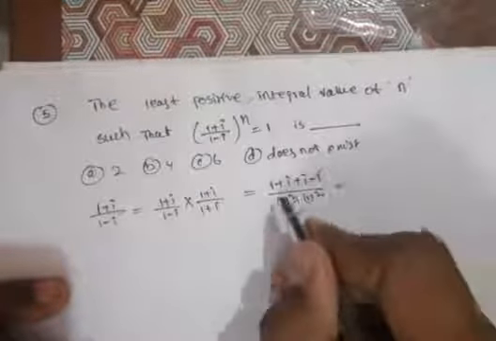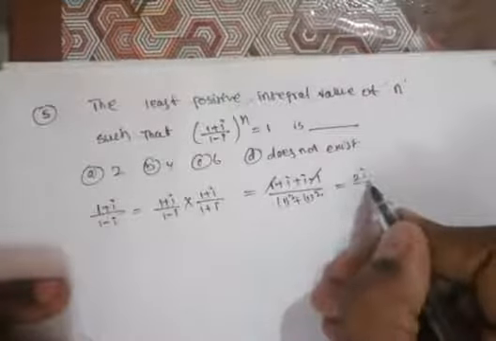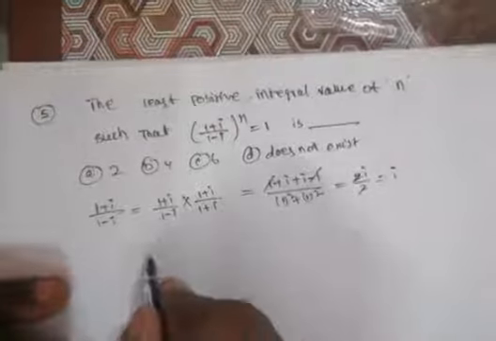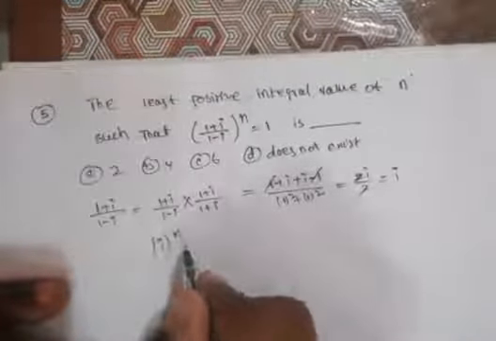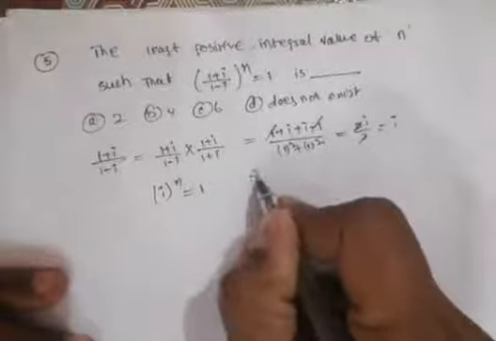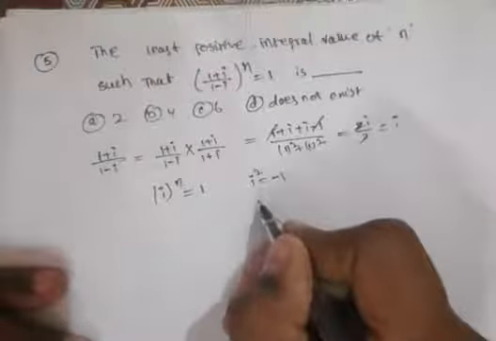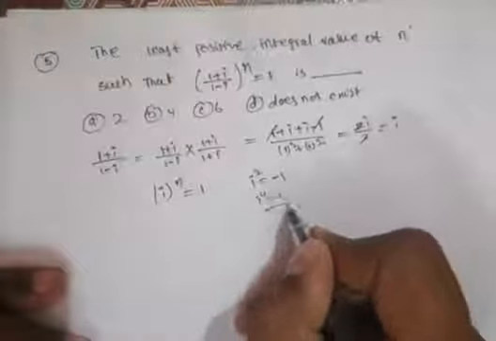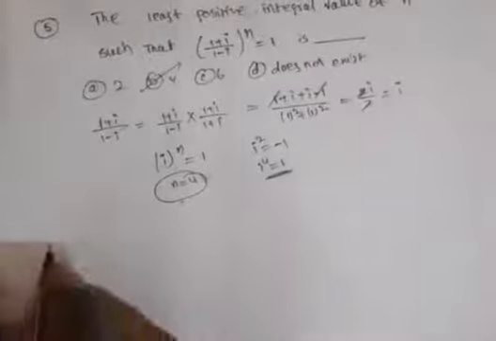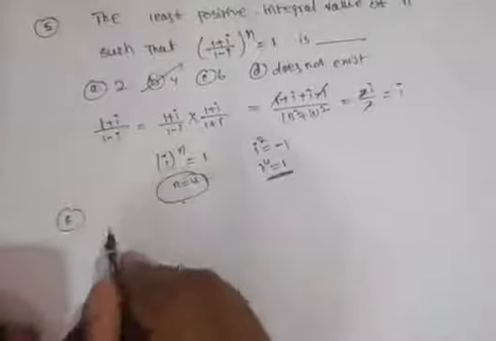That is nothing but minus 1 plus 1 cancel, 2i by 2, cancel, i. So here you can substitute i to the power of n is equal to 1. We already know i square is equal to minus 1, and i power 4 is equal to 1. So the n value should be the least value, 4. Least value is 4. Next question.